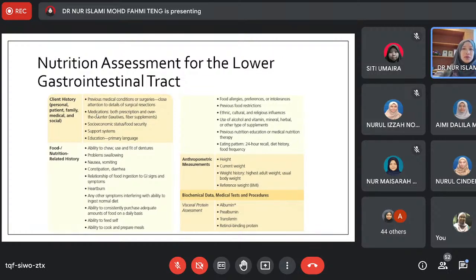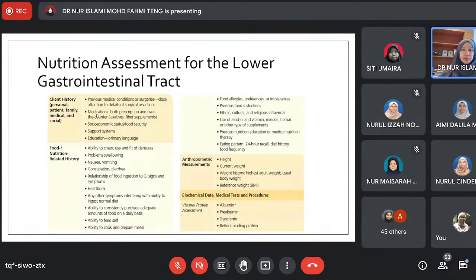And then we can ask about medication. Any prescription or over-the-counter medication, any laxatives, fiber supplements, because this assessment is important as it may give you an indication and help you determine any problems related to the lower GI tract.